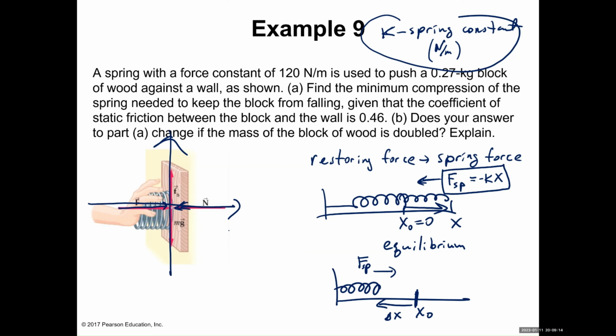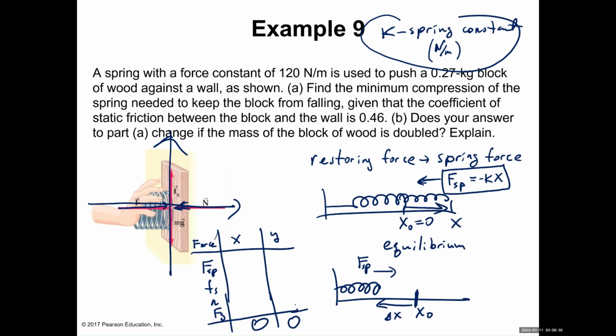That means what you have here is your force table. Let's say there's a spring force to the right. So let me list spring force, static friction, normal force, and gravity. Your system is all in equilibrium, so there is no motion.